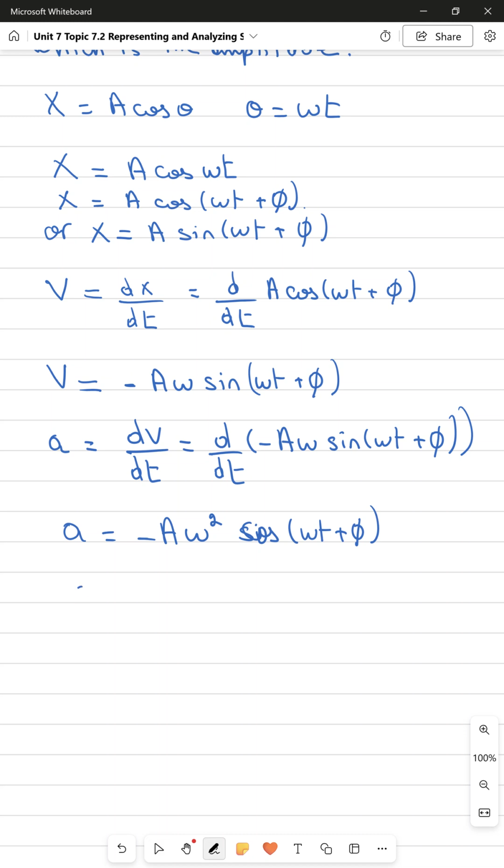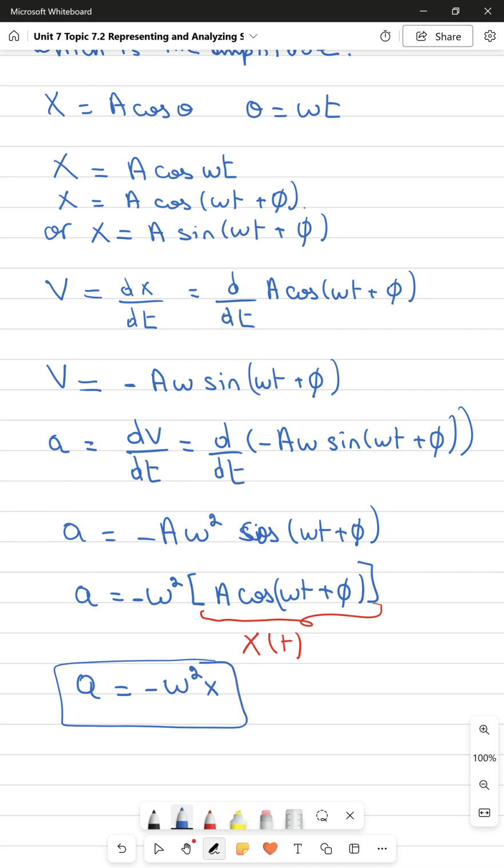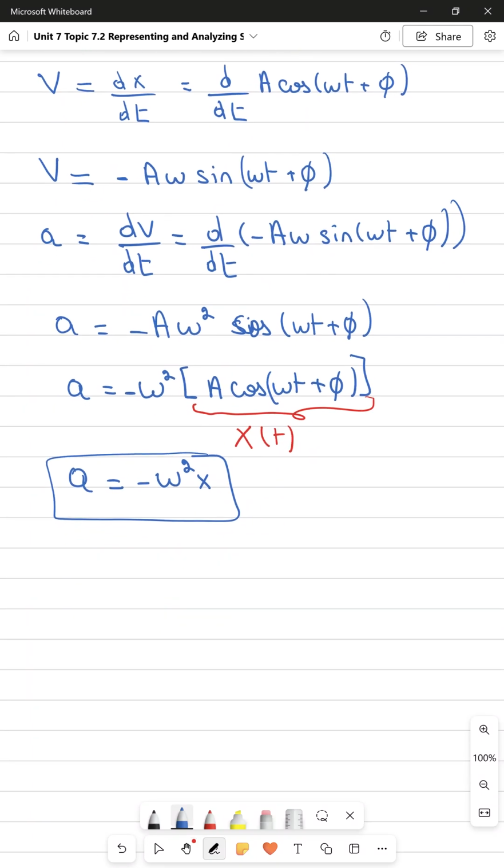If I take minus omega squared outside, then what remains is a cosine of omega t plus phi. This is the x, right? This is when we defined x of t. So from here, we can see that a will be equal to minus omega squared x, which we used in the previous video.